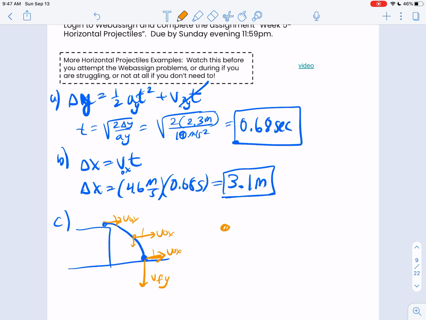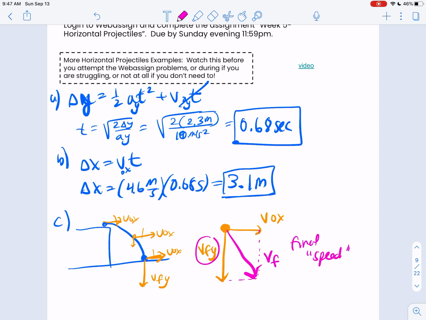All right, so what I'm looking at is I have a v naught x this way and a vy this way. All right, and then those are going to combine to make the total v final, or the final speed. Okay, and they say speed because they don't really care about you figuring out the direction at this point. Okay, so I do need to know how fast he's moving as he enters the water.